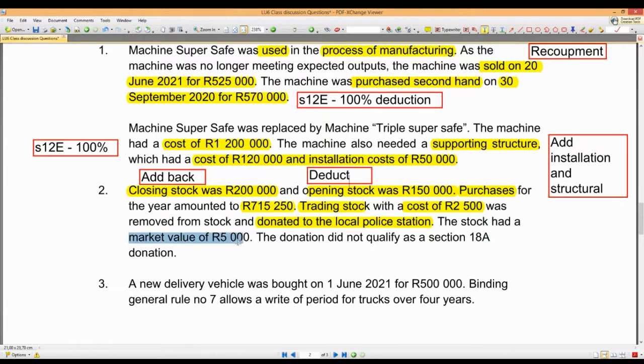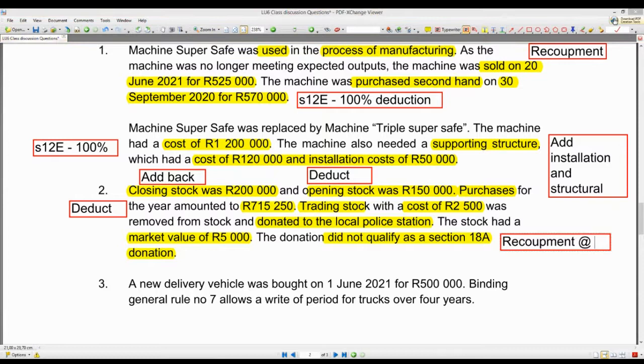It had a market value of 5,000 Rand and it did not qualify as a Section 18A donation. Okay, so based on that information, at what value will we recoup the stock that we have donated? At what value will the recoupment be, based on the information provided?